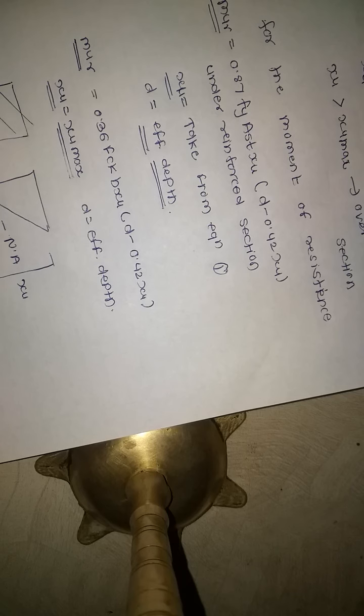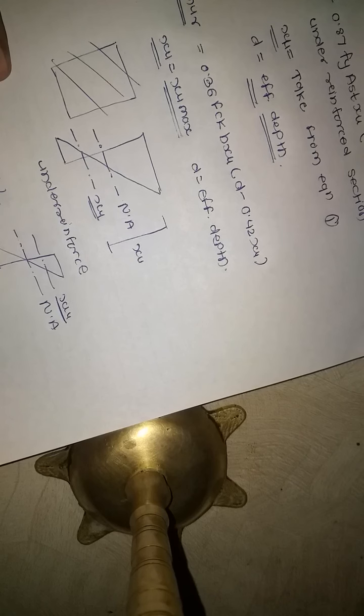Below the neutral axis, it is called under reinforced. And when, just think, this is the neutral axis and this is XU, above the neutral axis, it is called over reinforced.